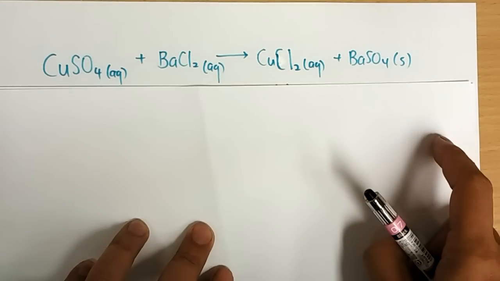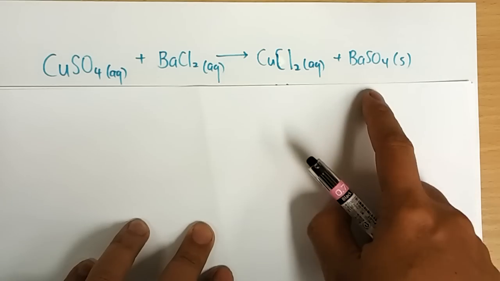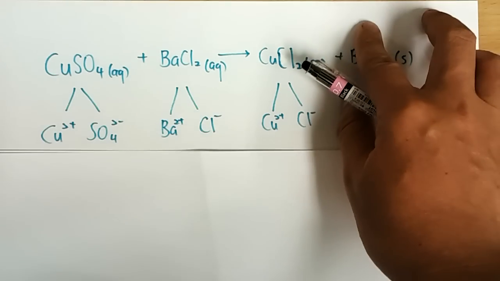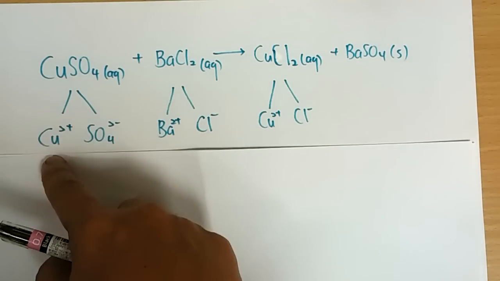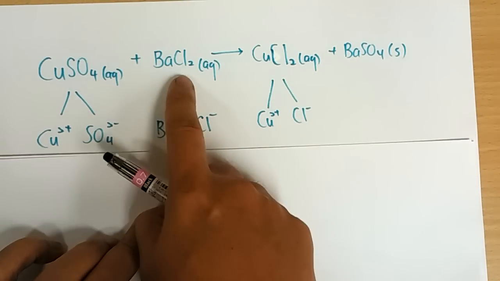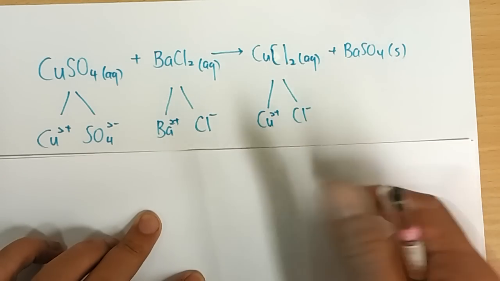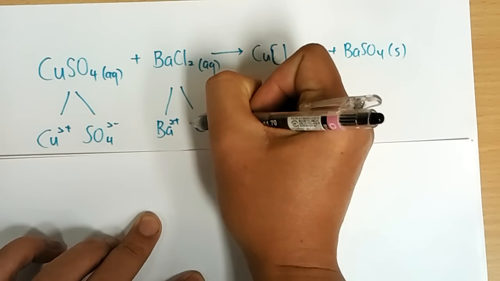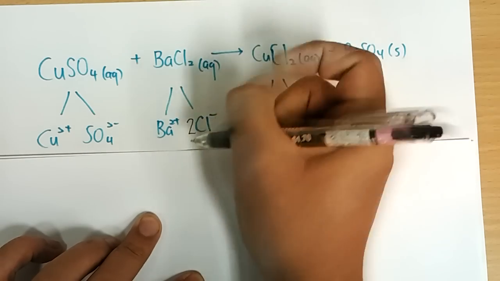Another precipitation reaction. State symbols. Now in this case, copper sulfate, Cu2 plus, SO4 2 minus, and barium chloride. So what do we do if we have two chloride ions? We don't write Cl2 minus. This is how we represent it: we put a number in front.